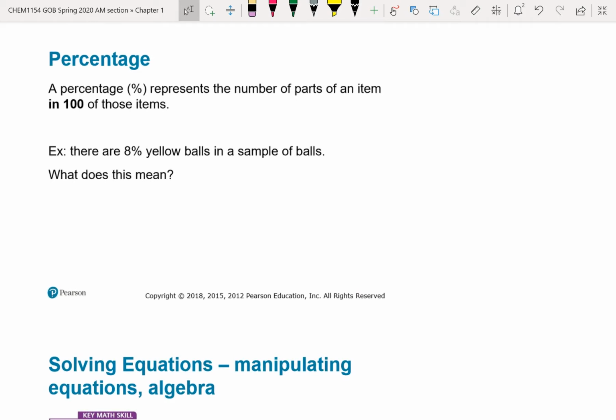For instance, if we have a sample of these balls and we're told that 8% of that sample is yellow balls, again, percentage is out of 100, so this suggests that there are 8 yellow balls out of how many?